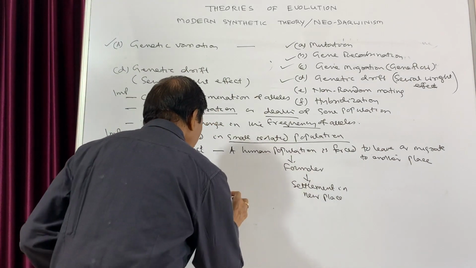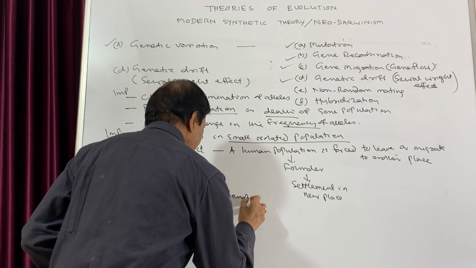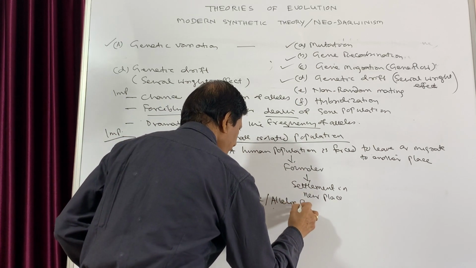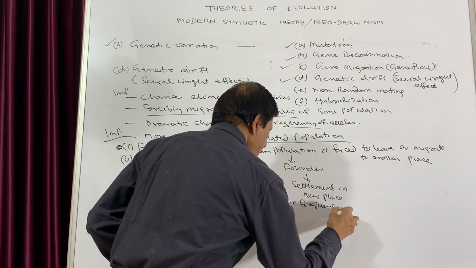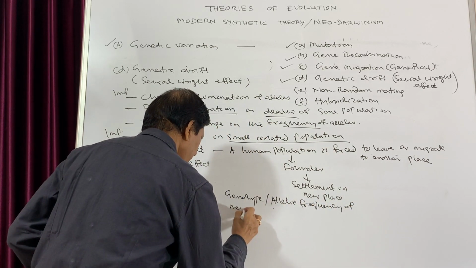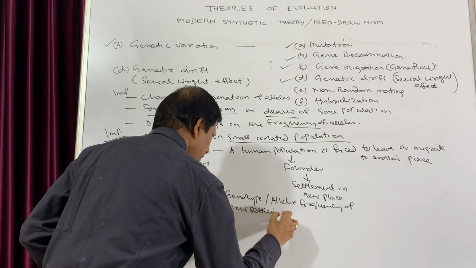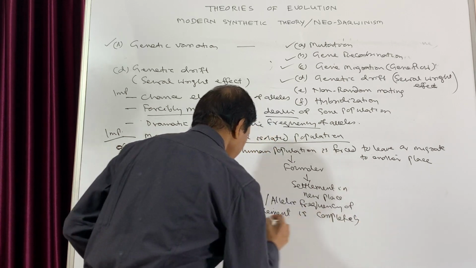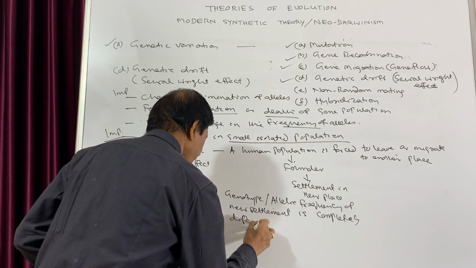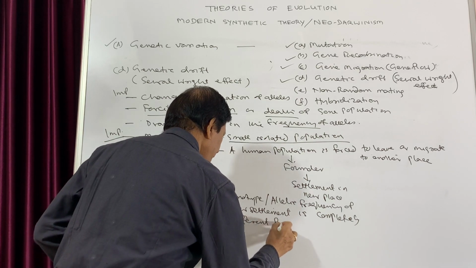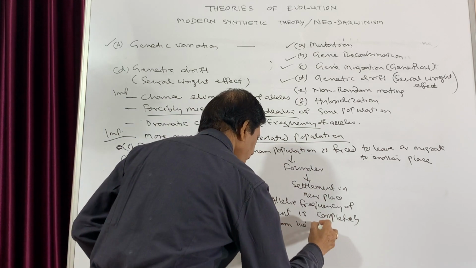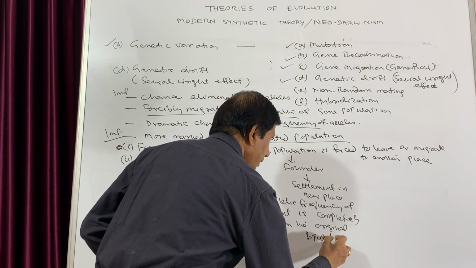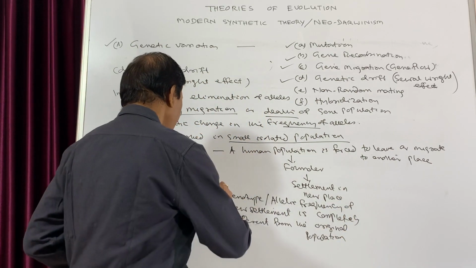That means the genotype, or you can write the allelic frequency, of the new settlement is completely different from the original population. This is the very important point.